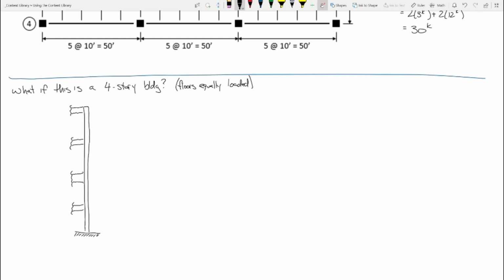Now we're talking about column B2, so technically there'd be floors here, here, here as well, and also in and out of the screen. But just for the sake of discussion, I think this image is going to be fine. Okay. Now what I'm saying is that each floor is going to supply 30 kips.